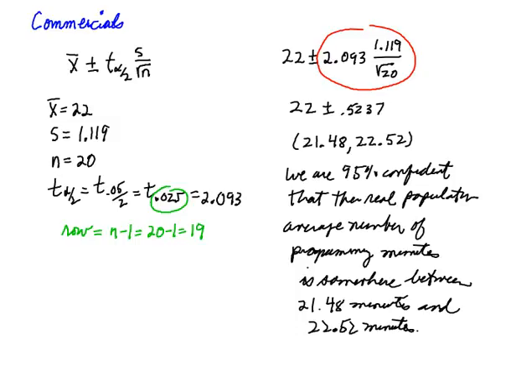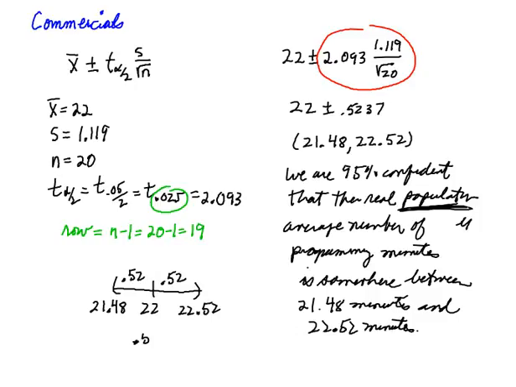In other words, the real population average mu is somewhere within 0.52 minutes of 22 minutes, somewhere between 21.48 and 22.52.